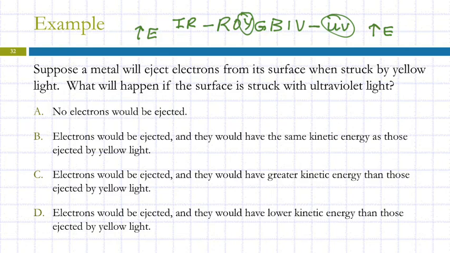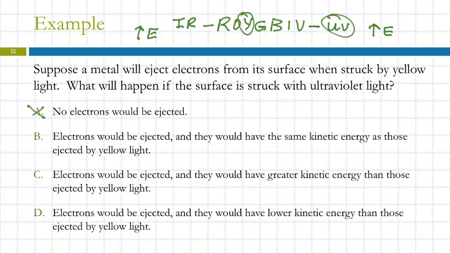So yellow light will eject electrons. So a kid with yellow light has enough money to get into Disneyland. Ultraviolet has more energy. Kid with ultraviolet has more than enough money to get into Disneyland. Does that make sense? So with the ultraviolet, no electrons would be ejected? That's not true. It's got more energy.